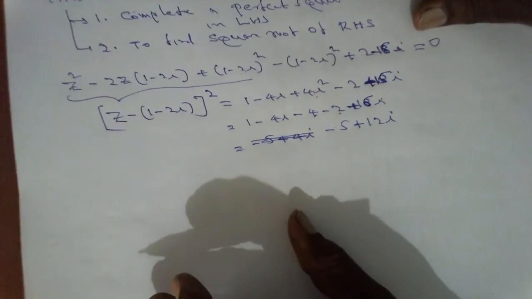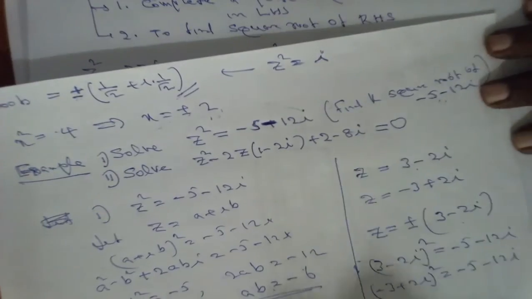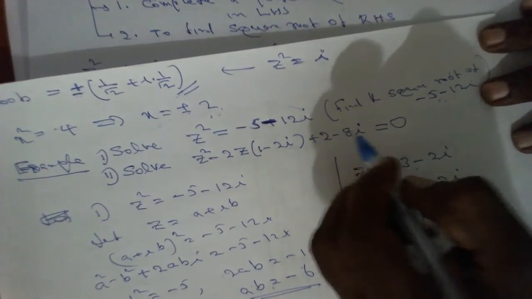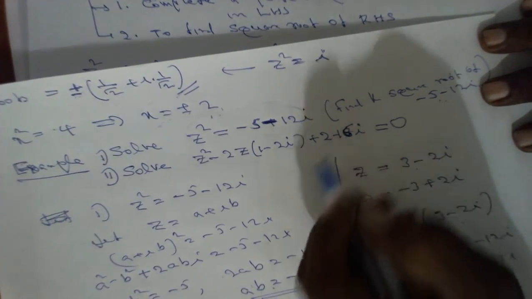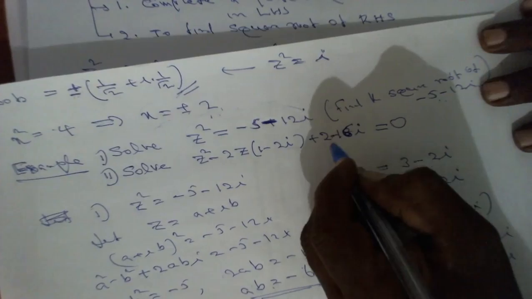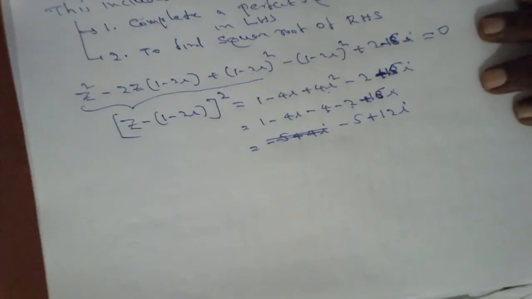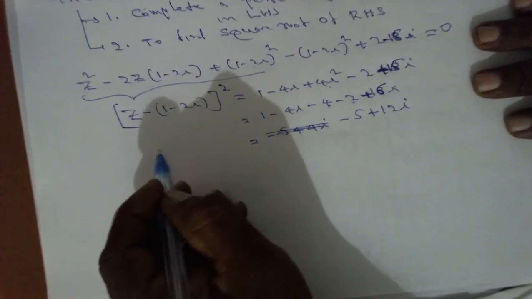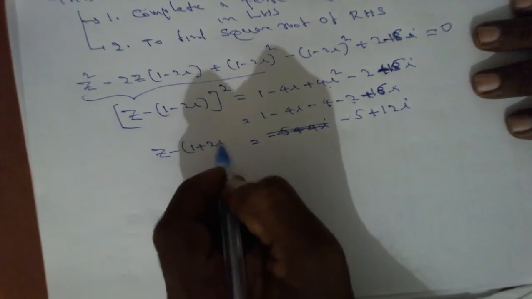So here I made some small change in this sum. Now the first part is over. Complete the perfect square.